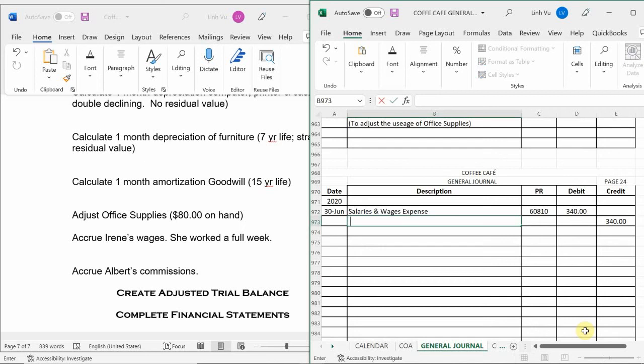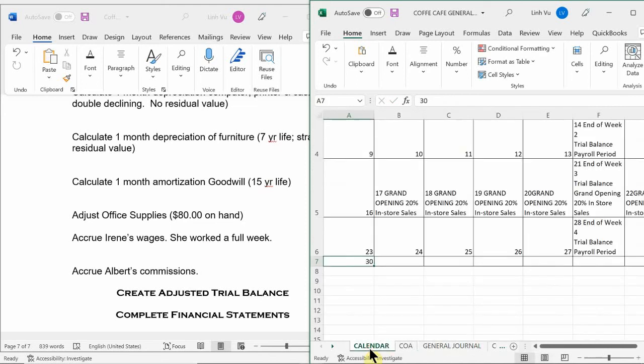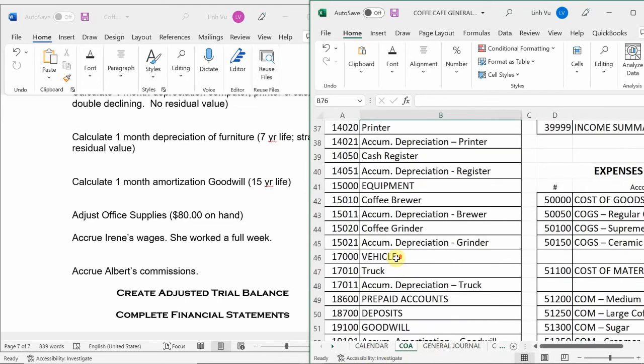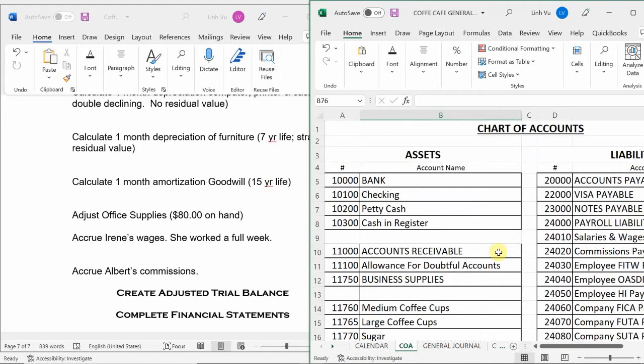Salaries and wages payable. Correct, right? Because in this case, I owe her a payment for her salaries and wages. Salaries and wages payable account number 24010.